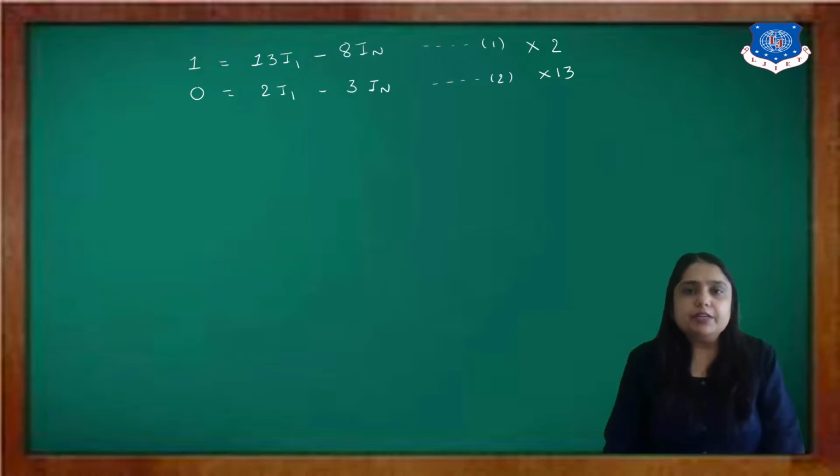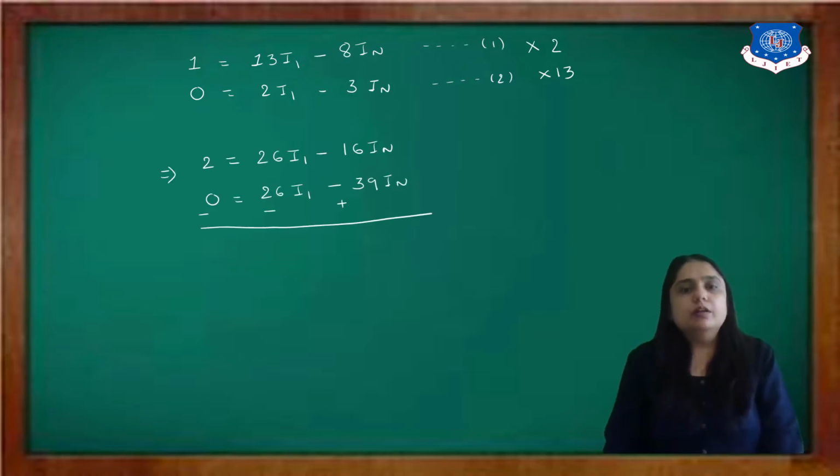So when we multiply equation 1 by 2, this will become 2 equals 26I1 minus 16IN. And when we multiply the second equation by 13, we will get 0 equals 26I1 minus 39IN. Now this 26I1 is cancelled out. So what will we get?